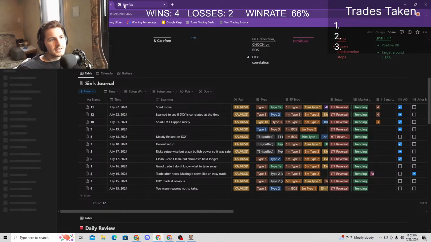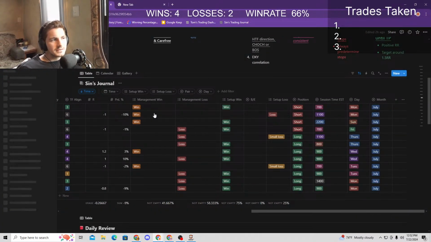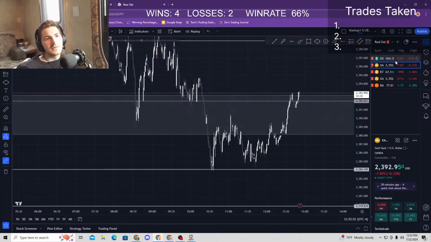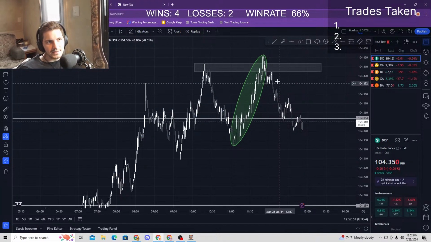So actually, I'm going to say that's a management loss because I should have broken even because of DXY. DXY small loss. Just because DXY was flipping, and I failed to recognize that DXY was correlated.